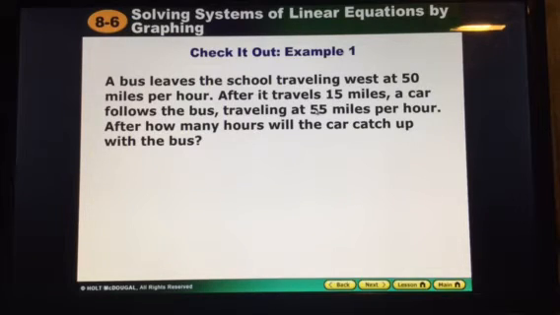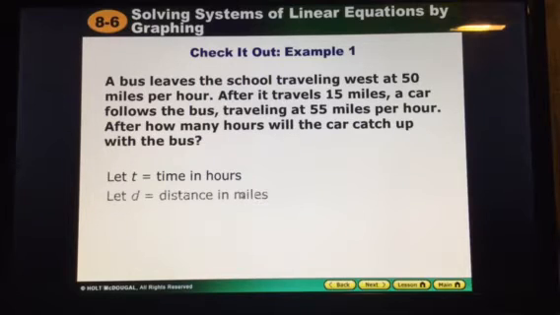So we have two unknowns. Okay, so if we let t equal the time in hours, that's what we're trying to find here, and if we let d be the distance in miles, then we can set up our two equations. So for the bus, first of all, they go 15 miles ahead of the car.